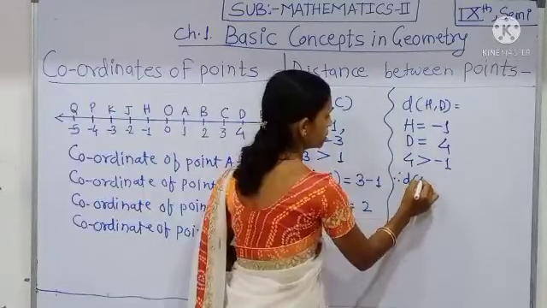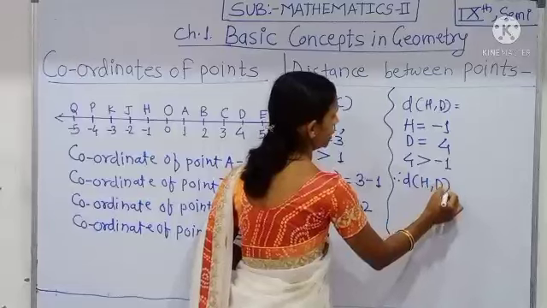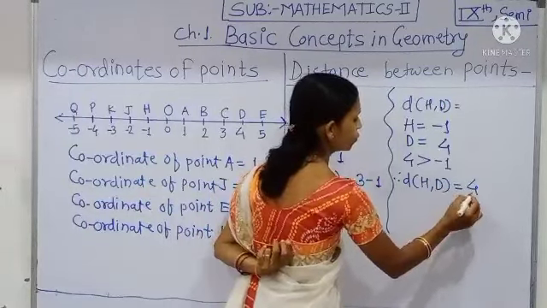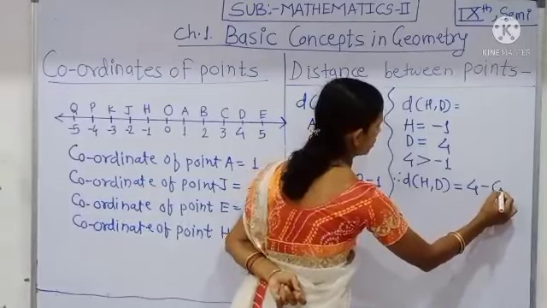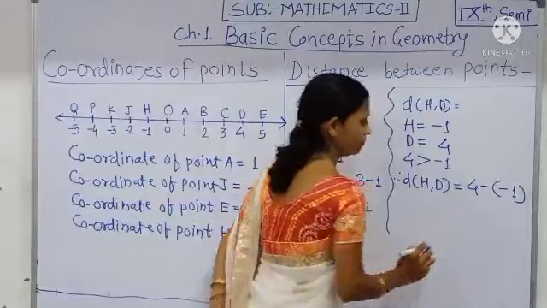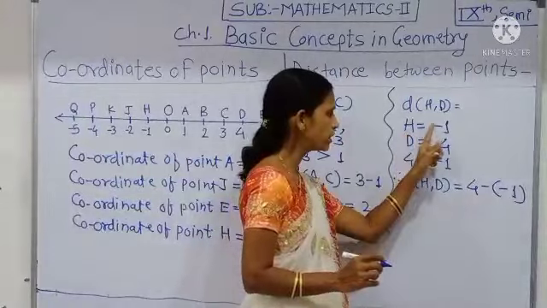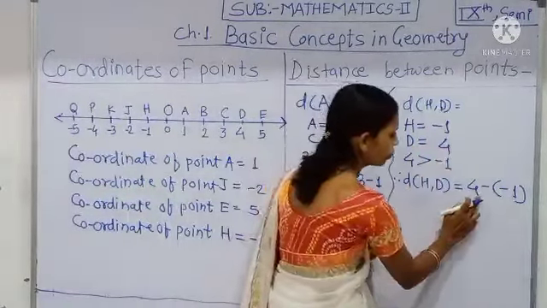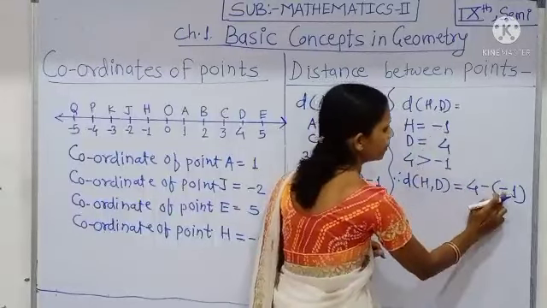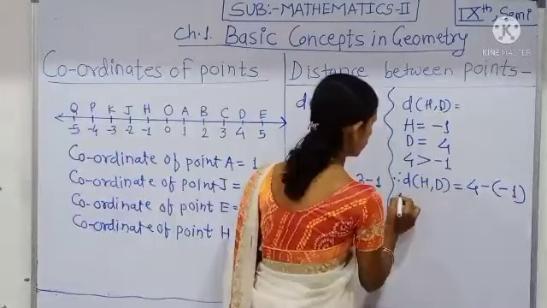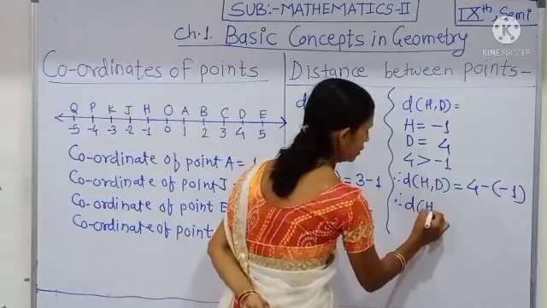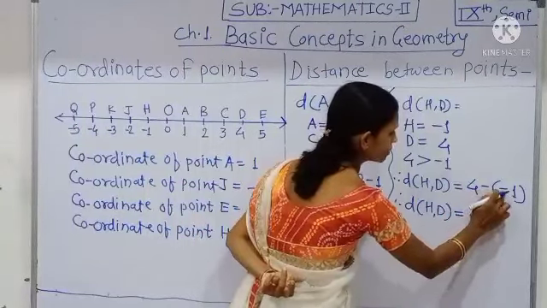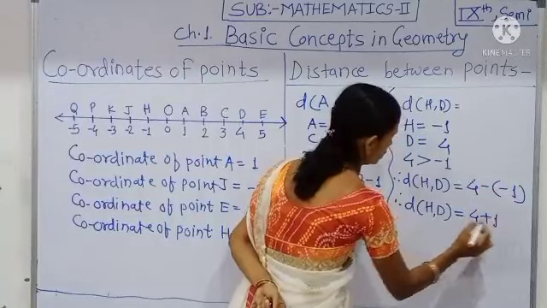Therefore the distance between H and D is equal to 4 minus -1. The coordinate of H is -1 and the coordinate of D is 4, therefore 4 minus -1. So DHD is equal to 4 minus -1, that is 4 plus 1.